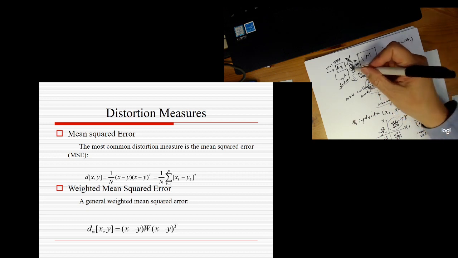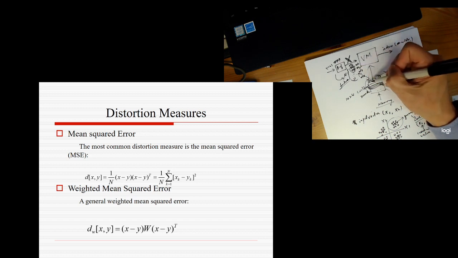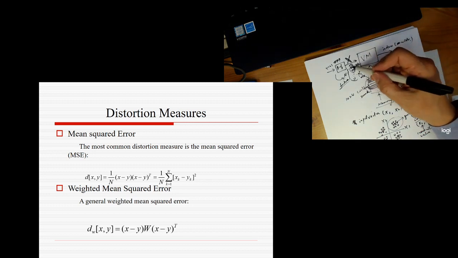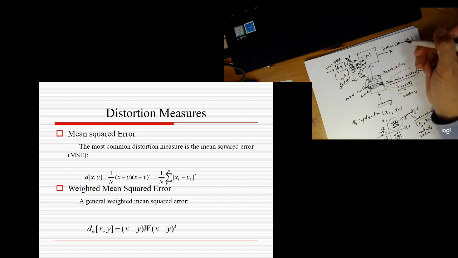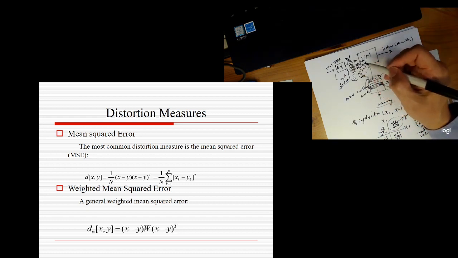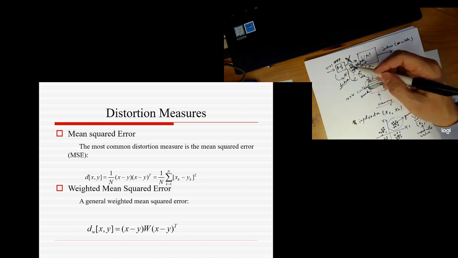Maybe this component is related to low frequency, so it is more important, and the ratio could be higher, 0.2, while others could be 0.15, 0.1, with lower weighting values. We try to highlight the more important components during the distortion calculation.